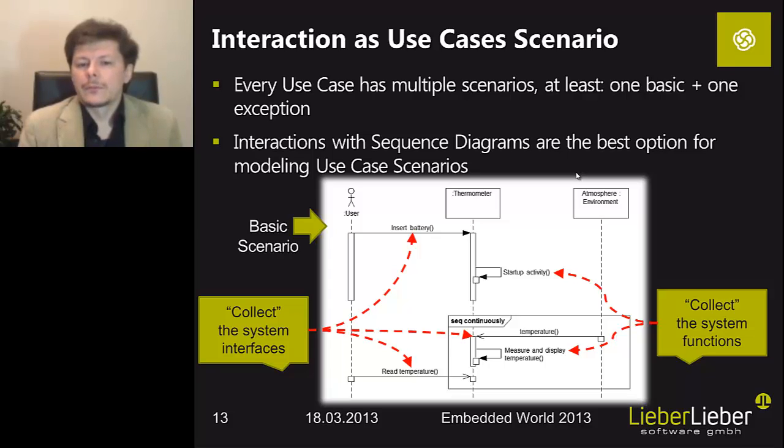What is basically a scenario? Scenario is something like a movie script. You have different participants, you have interactions between the participants, and you have a time order of your interactions. And sequence diagrams fit very well to these requirements.